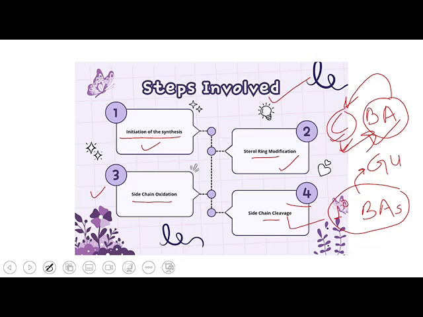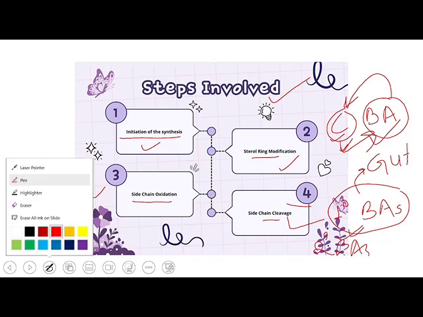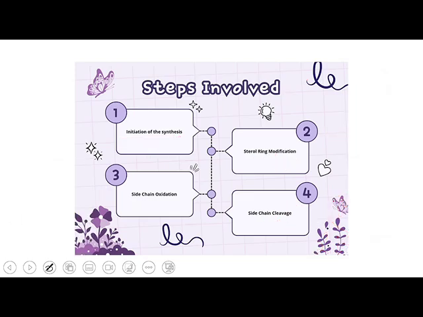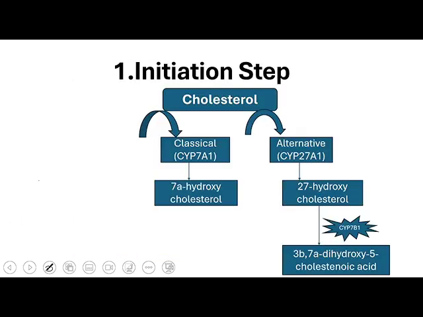And in the gut, the microbiota present in the gut lead to the conversion of these primary bile acids to the secondary bile acids. So these things we are going to cover, and along with that certain disorders we will discuss further. And let's begin with step 1, that is the initiation stage.